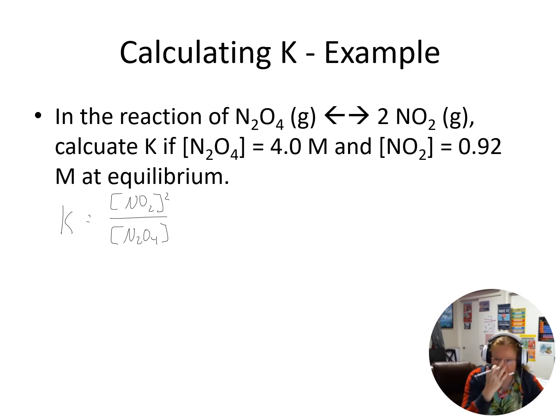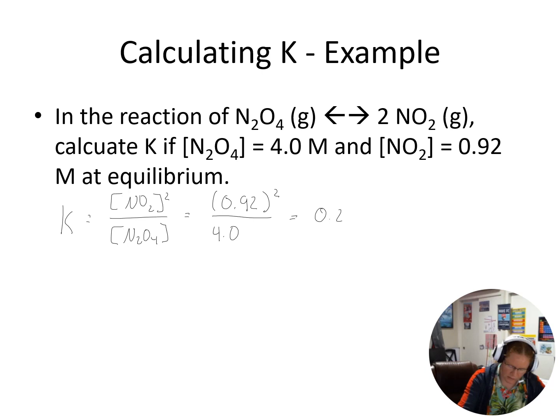Okay, once we have our equilibrium expression written, now we can plug our numbers in. Our nitrogen dioxide was 0.92. We're going to raise that to the 2nd power. And then we had 4.0 on the bottom. All right, so when we do the math here, we get 0.2116. We have 2 sig figs, so we get 0.21.